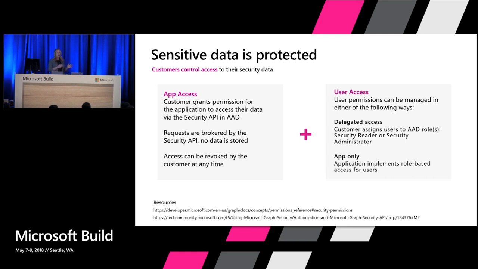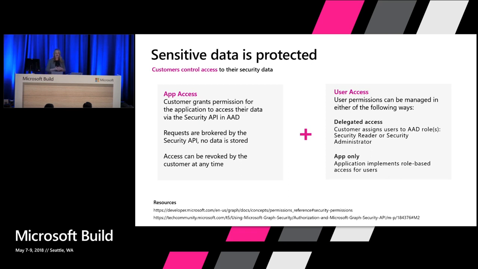As I mentioned, requests are brokered by the Security API, so it's not actually collecting or storing any security data. It's, again, federating those requests out to the specific security technologies and just returning that list of aggregated alerts back. So no concerns relative to data storage. And of course, customers can revoke access to that API at any time should they need to.